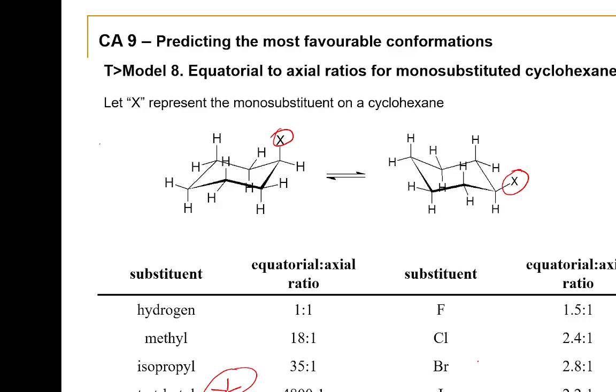And in terms of these different ratios, the iodine substituent is still favored in the equatorial position, but not quite as much as you might expect. And again, it has to do with bond distances. As it turns out, even though the iodine atom is the largest, it's actually a little bit further out there, so it's not interacting as much.